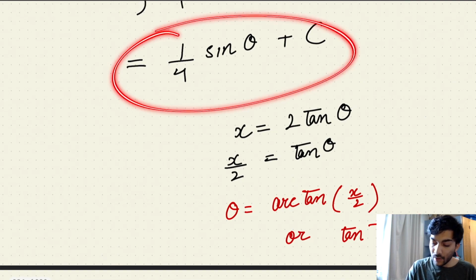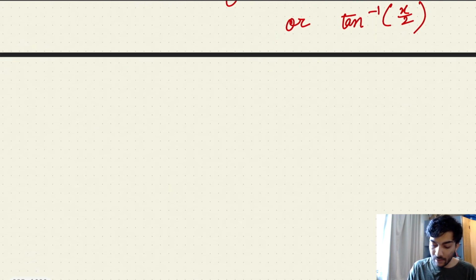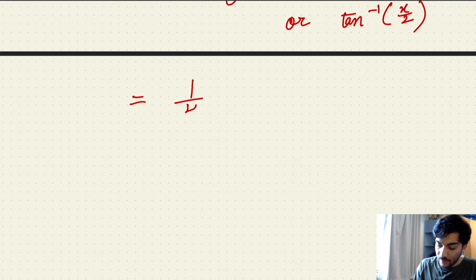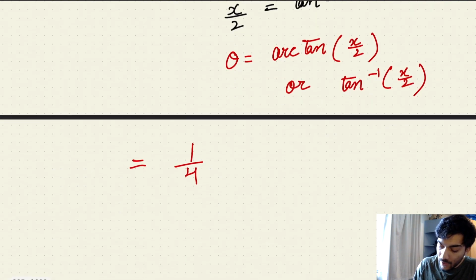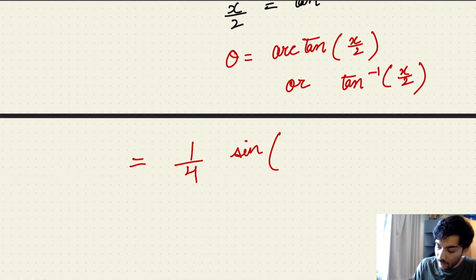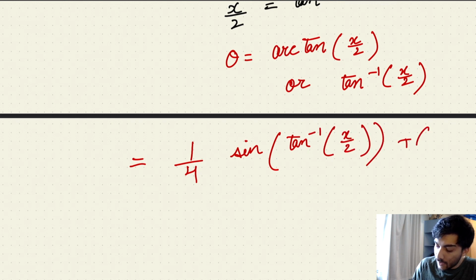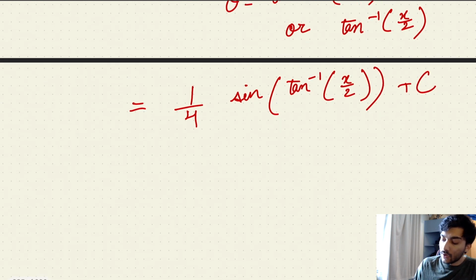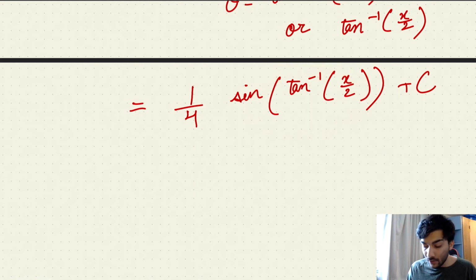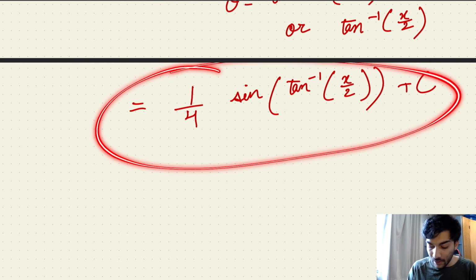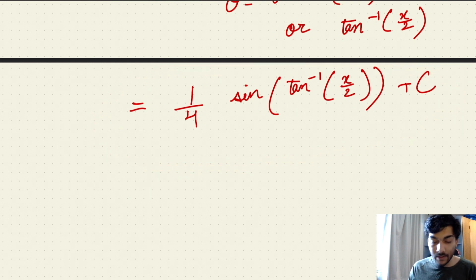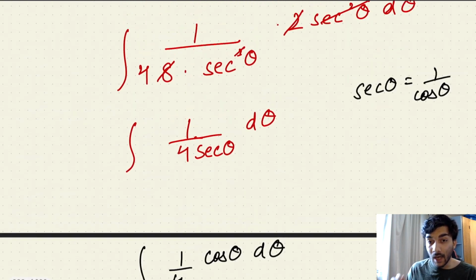So your final answer would be 1 by 4 times sine of tan inverse x by 2, plus the constant of integration. You can further simplify this expression, or if you don't want to, you can simply write your final answer as this only, and this would also be considered your correct answer in this question.